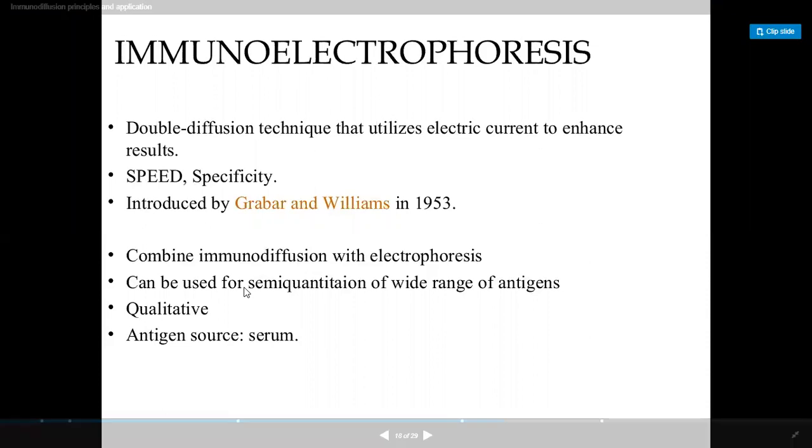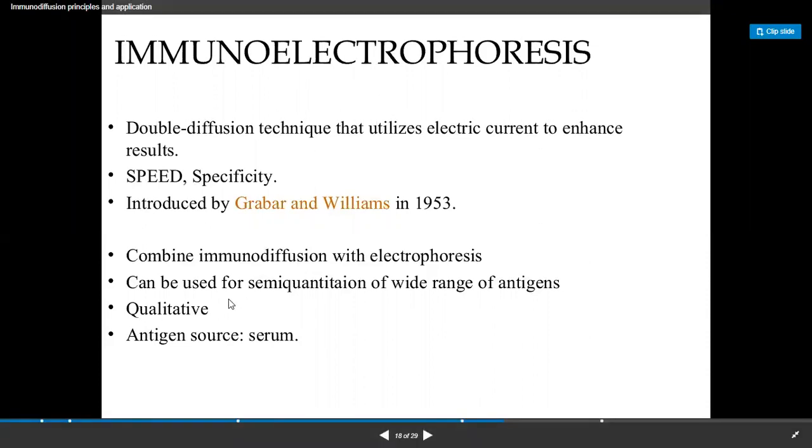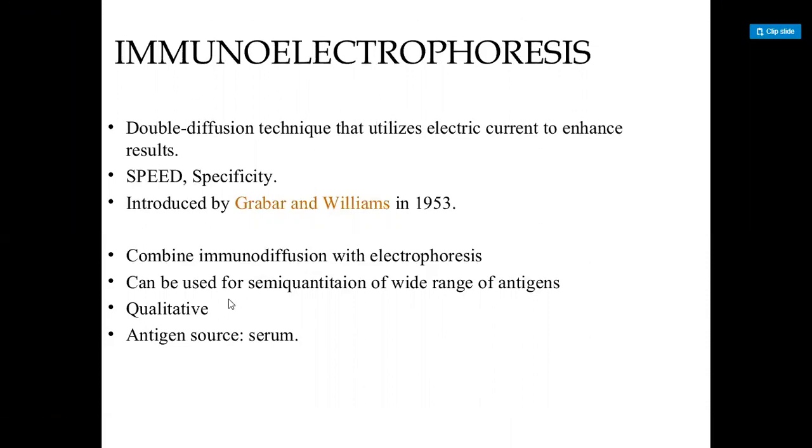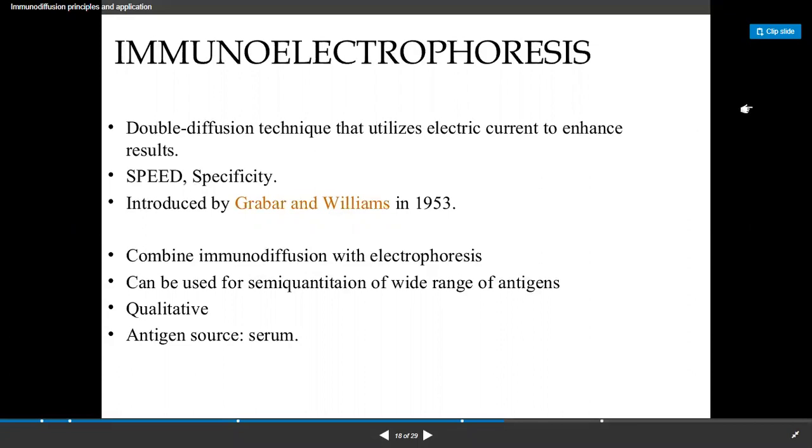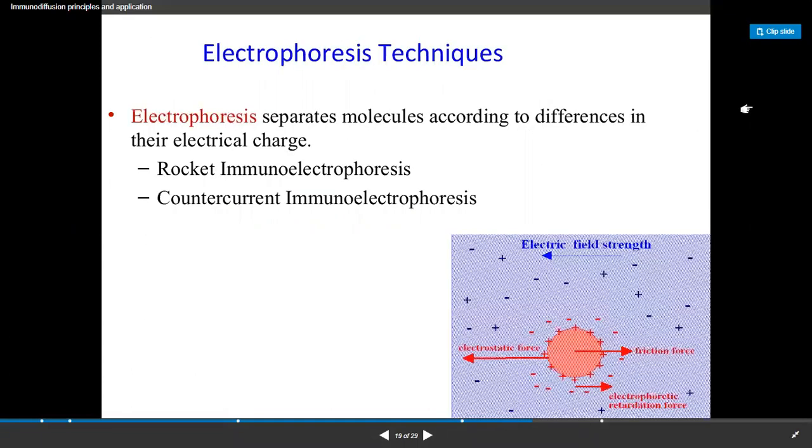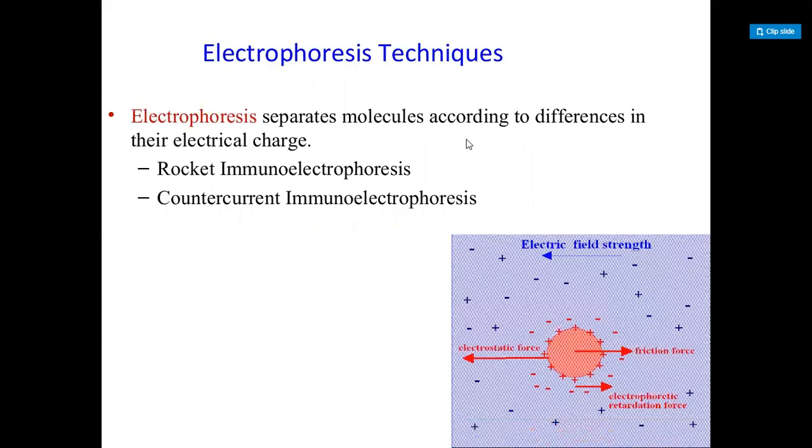It can be used for the qualitative analysis of antigens and quantitative analysis of serum. So what is electrophoresis first? Electrophoresis is the method by which we separate charged particles by applying an electric field.